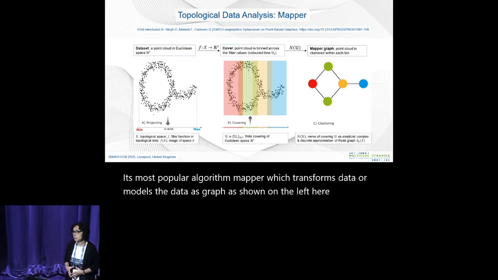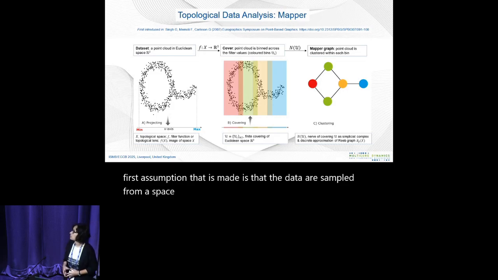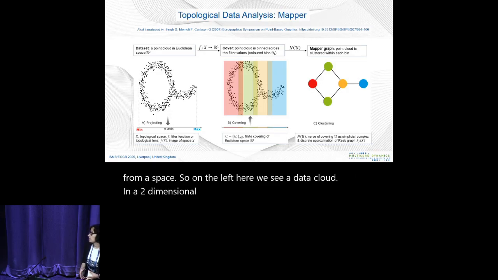So the first assumption that is made is that the data are sampled from a space. On the left here, we see a data cloud in a two-dimensional space, which is shown as a scatter plot. Each dot represents a sample.